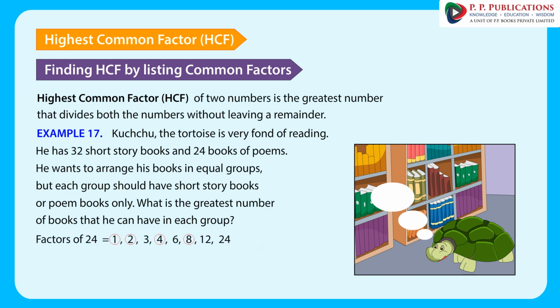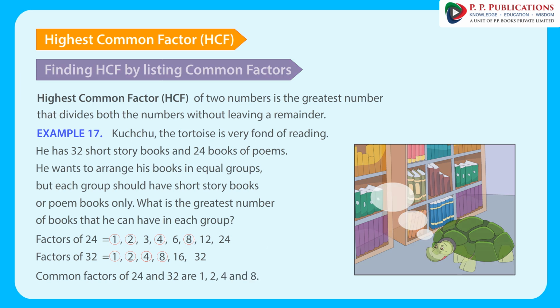Factors of 24: 1, 2, 3, 4, 6, 8, 12, 24. Factors of 32: 1, 2, 4, 8, 16, 32. Common factors of 24 and 32 are 1, 2, 4 and 8.